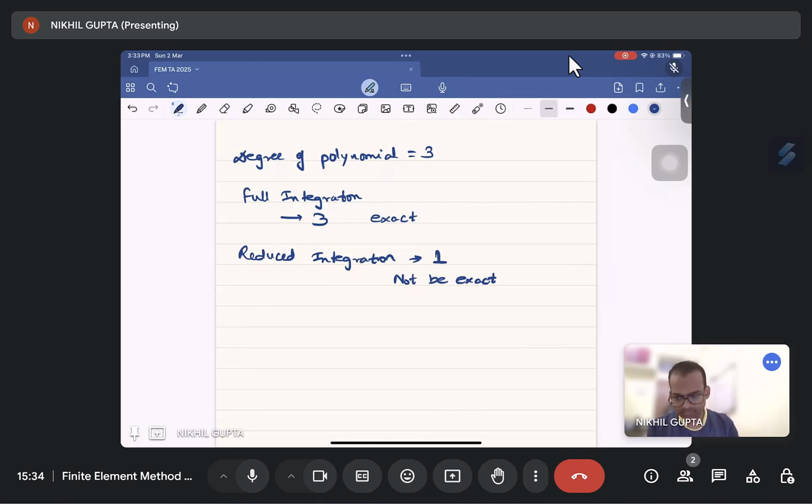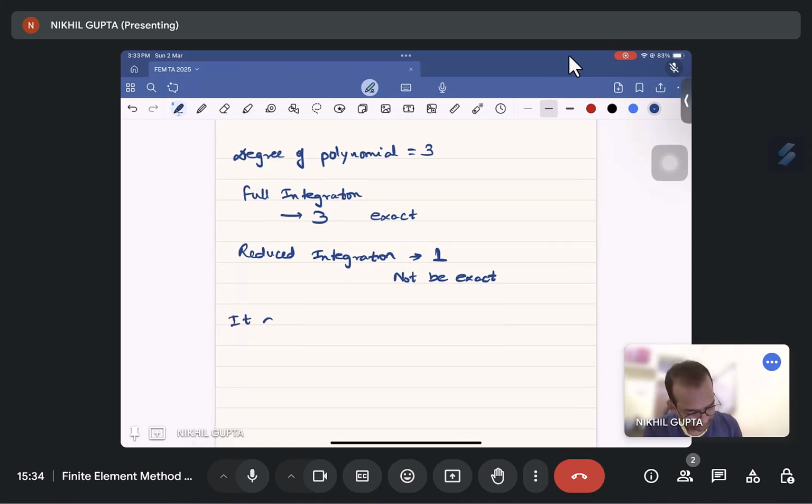So it depends on the accuracy of the solution which we want.